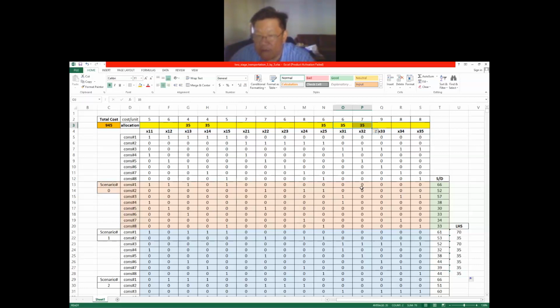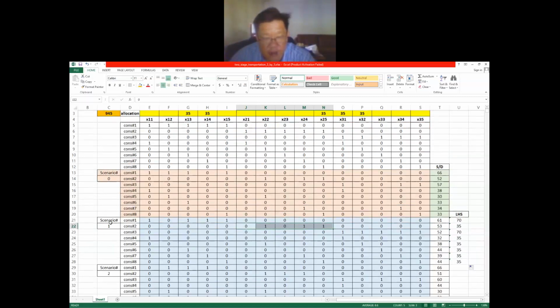You might wonder why, for the third unit over here where you really supply 70 units, it didn't receive only 35. Because in the first scenario, you can see that for constraint 2, x31 and x32, no, sorry, this one is okay. For this one, 21 and 22, you can see the scenario that generates, since the coefficient of x25 is 1, therefore this 35 is legitimate to supply.